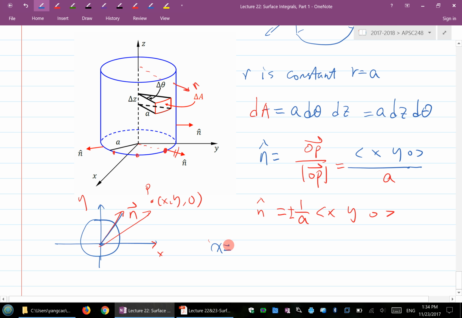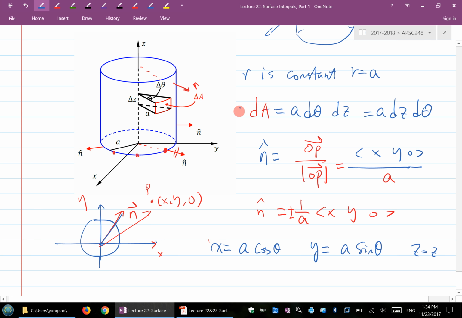We use polar or cylindrical coordinates, but we're talking about points on the cylindrical surface. So x equals a times cosine theta, and y equals a times sine theta. And z has no change, it's still z. So that's the replacement.